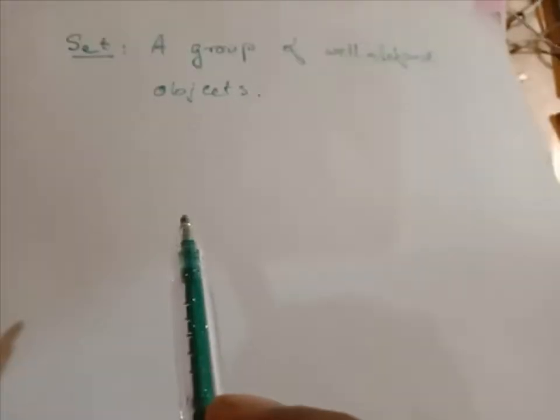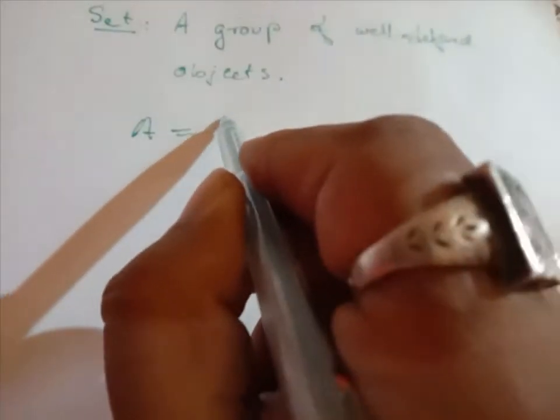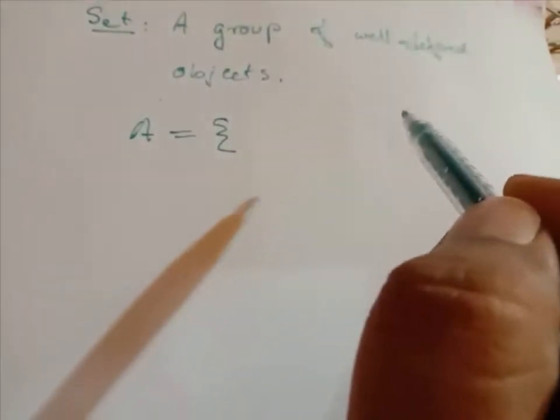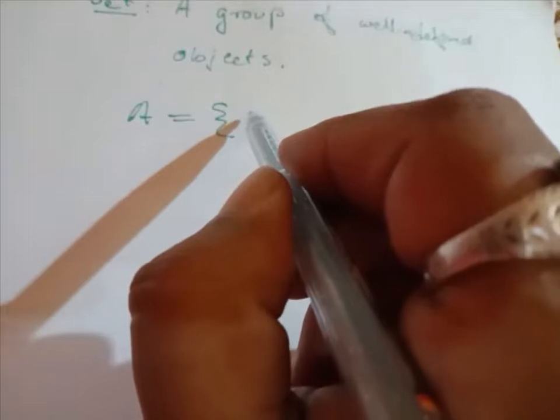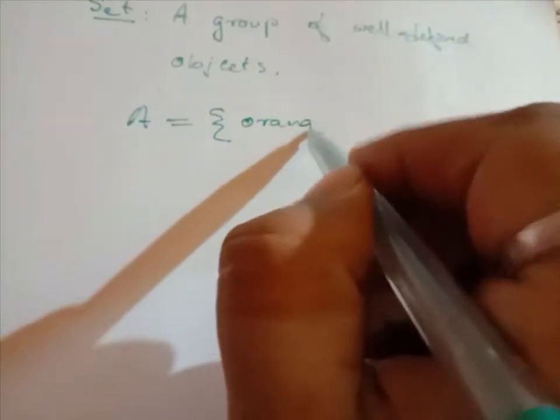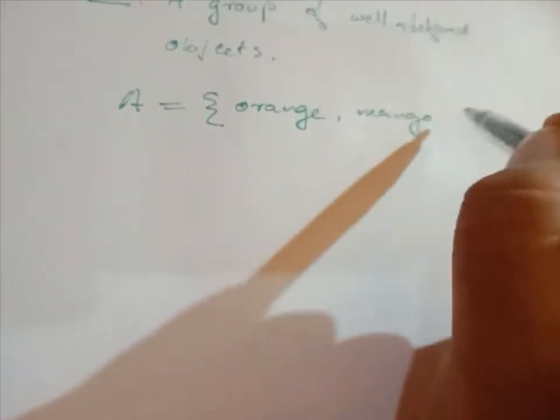So, a set is represented by a capital letter and it is defined by an equal sign, starting curly brackets, writing all the elements and closing the curly bracket.